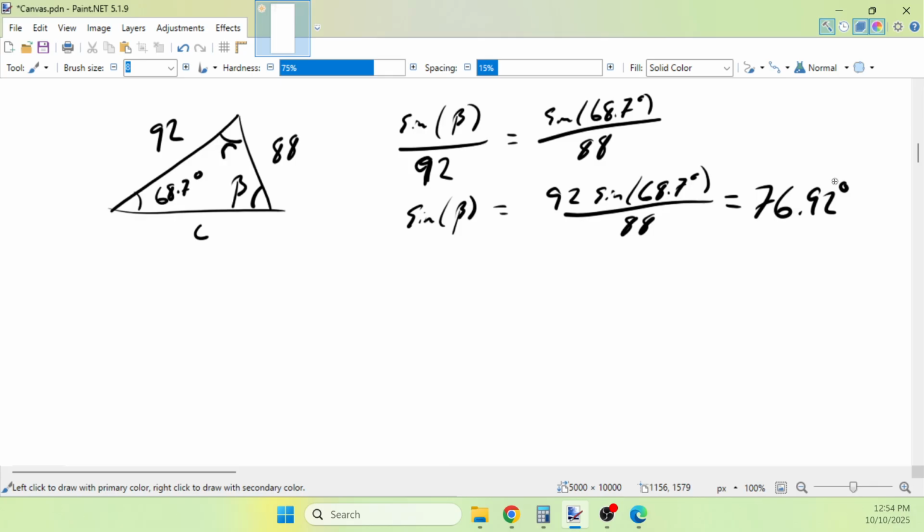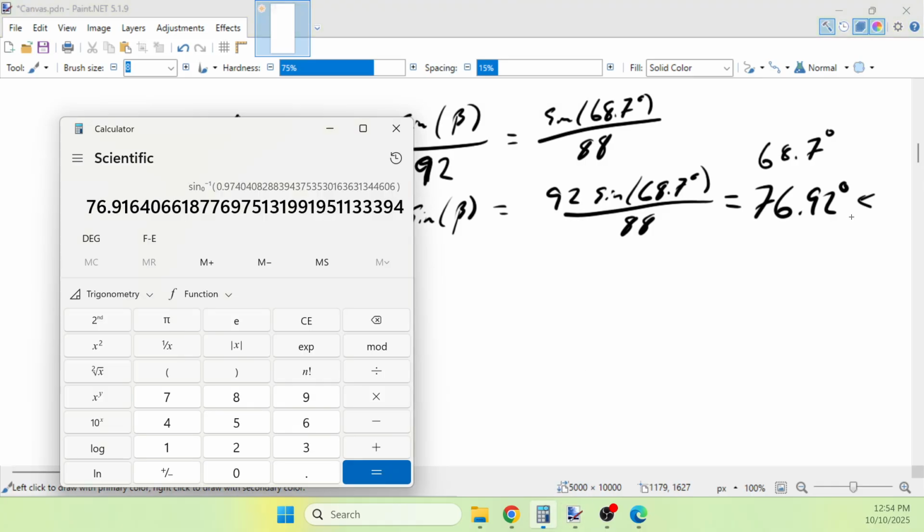Okay, so beta is that. So now we have that this is beta, this is alpha. If I add these things together, subtract that from 180, we have this number here.